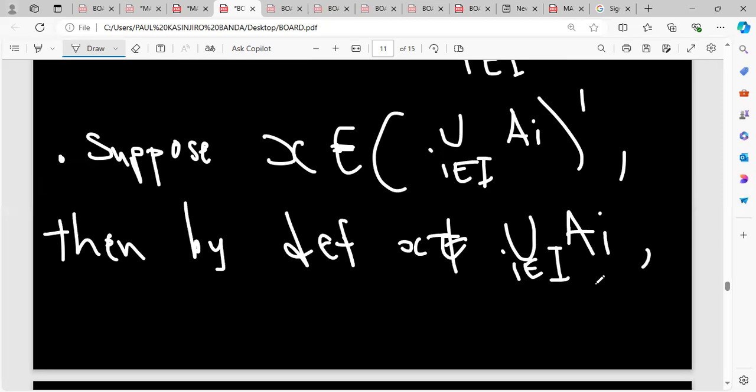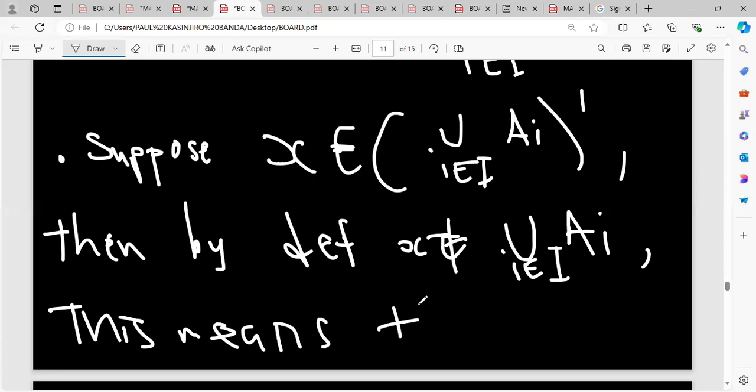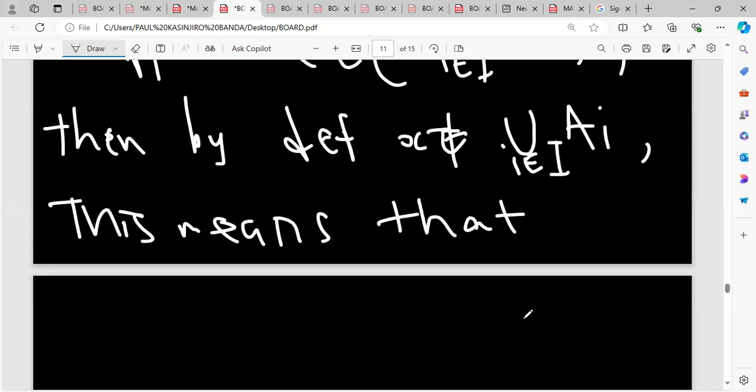So what does this mean? This means that x is not a member of any of these A_i's, because it's not in the union.